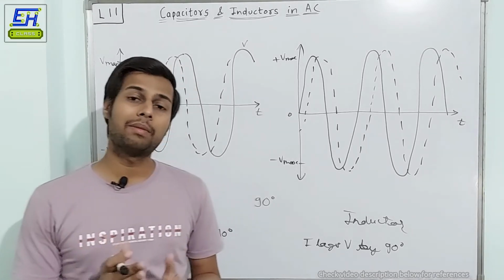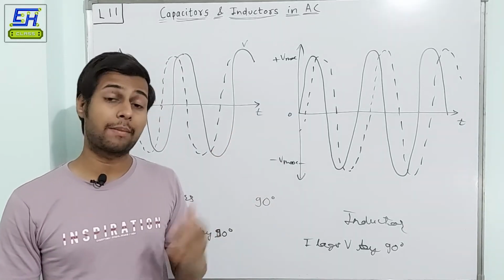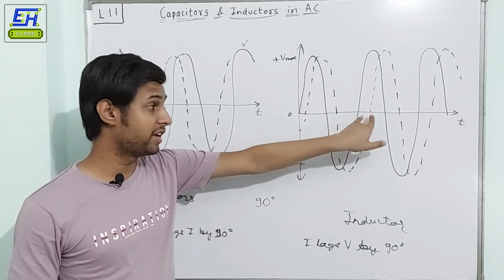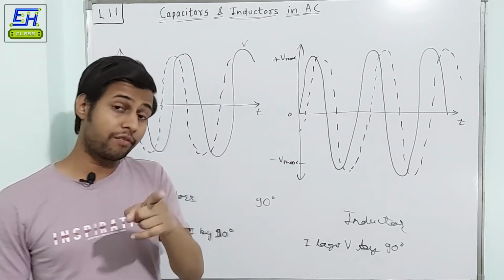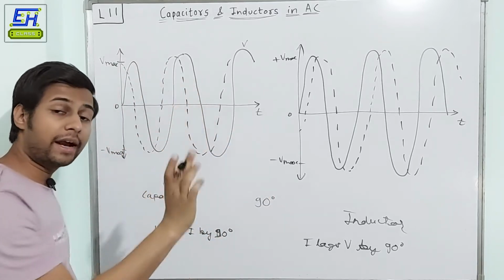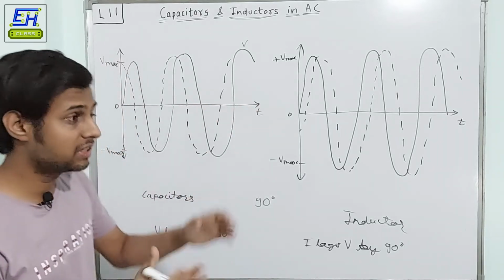Another thing to remember is that this phase difference is independent of the value of the inductor or capacitor. Its inductance or capacitance value does not affect the phase difference, but these values do affect something else: they affect the current and voltage values. They actually suppress their values.